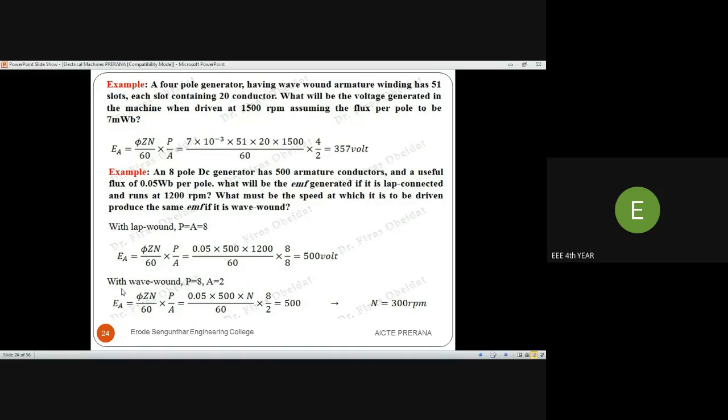In case of wave wound armature winding, the number of poles P is given in this formula, and A we substitute as A equal to 2. Mostly lap wound armature windings are used for low voltage DC generators. Wave winding is prepared for high voltage.